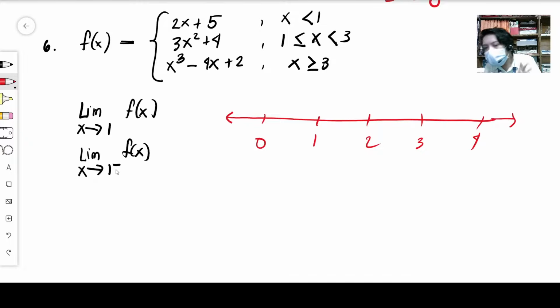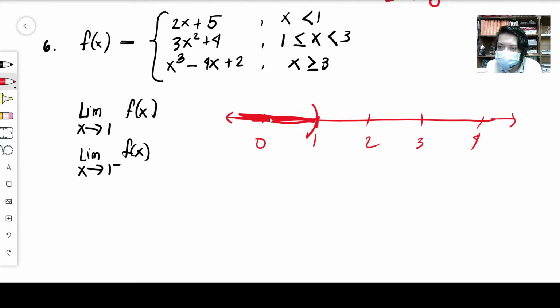Coming from the left, that is the left hand limit. So, the limit of the function as x approaches 1 coming from the left of 1. This is 1, right? This region here is what we are approaching from.